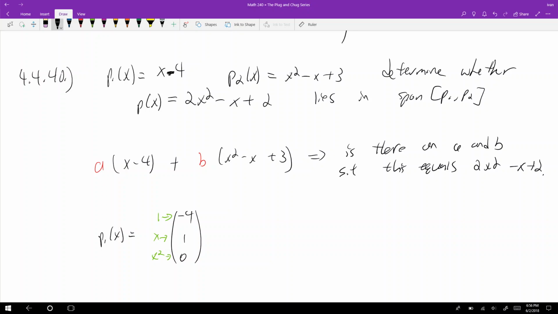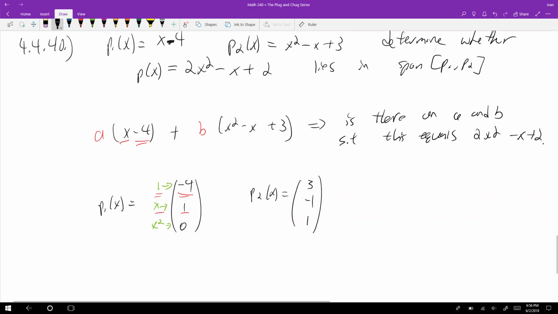Why is that? Well, it's because I have 1 times x, which gets me x, and negative 4 times 1 gets me negative 4. So that's how I turn these polynomials into vectors. And p2(x) then becomes (3, negative 1, 1).